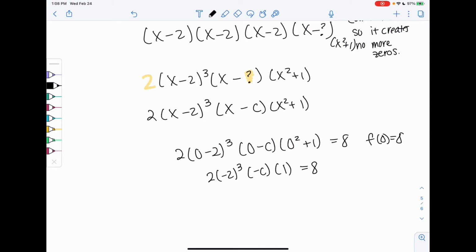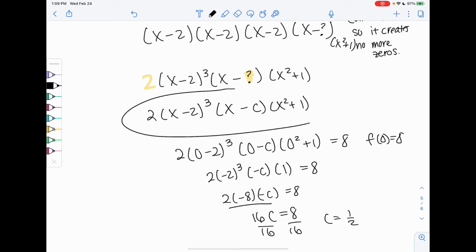So we get 2, we get negative 8, negative c, and then 1 doesn't do anything, equals 8. So what is this on this side? This would be 16c equals 8. So for this example, we divide by 16. So our c is 1/2.